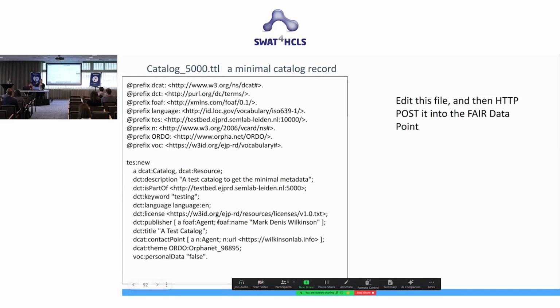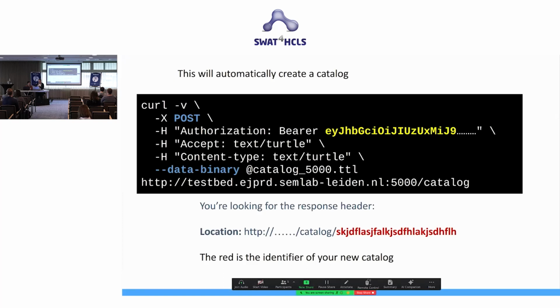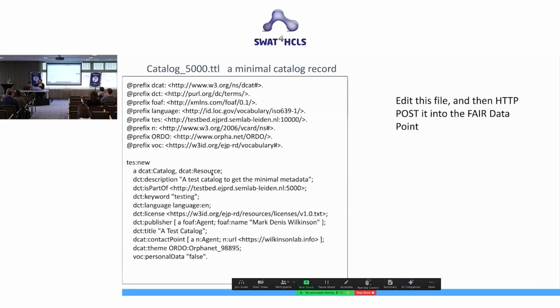So we can create a new catalog using the minimal required information from a federated data point, which is all this information. And if you create a new file and then post it with this command, as I said, one of the headers now will be authorization bearer and the token. And then you pass it the data binary that we just saw, the data catalog 5000 TTL.